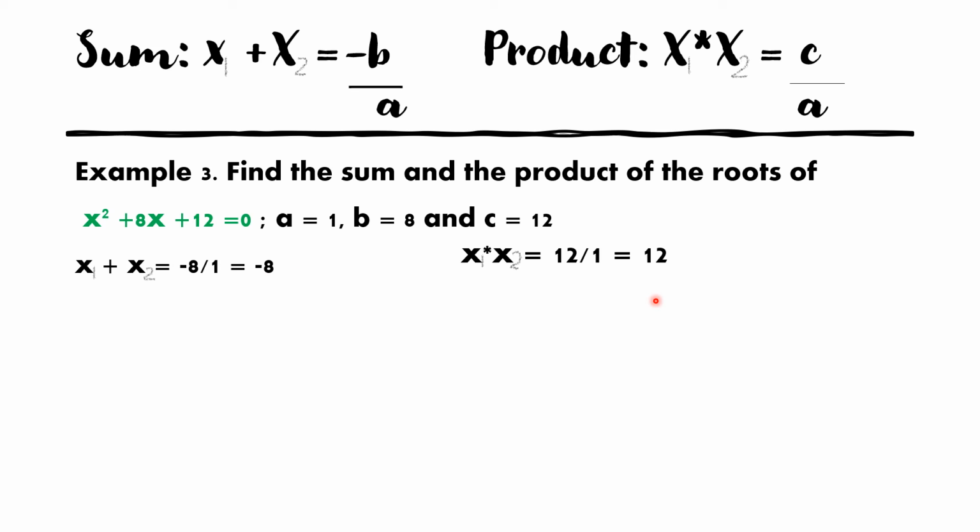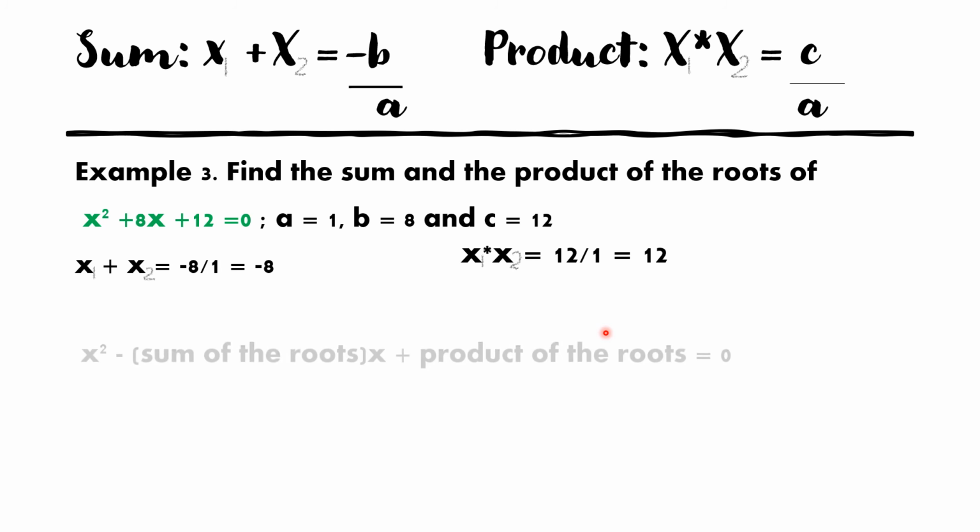At yung value naman natin ng product of the roots ay kapareho ng value ng C, which is 12. So, ibig sabihin, pwede pala natin makuha yung quadratic equation, pwede tayo makapag-form ng quadratic equation pag mayroon tayong sum of the roots and product of the roots. Dito, ang nangyari, negative siya, naging positive siya doon.